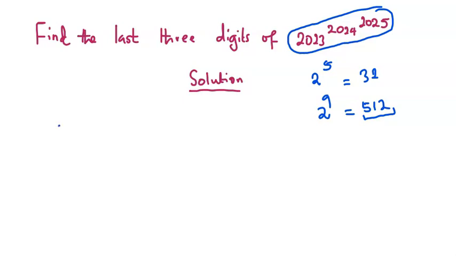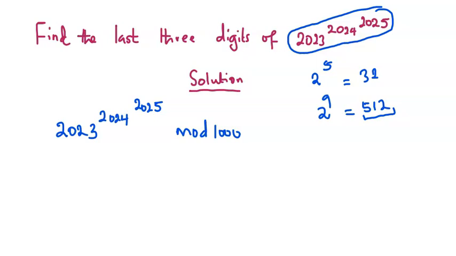So this is the same as 2023 raised to the power of 2024 raised to the power of 2025, then mod 1000. You know why I use 1000? Because the last three digits are asked, right?